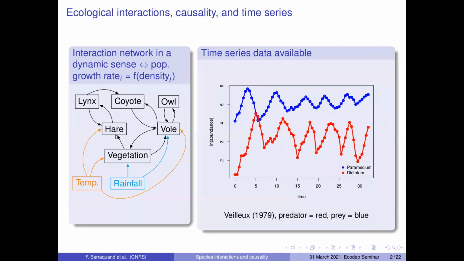Now, this type of relationship is something that we can try to infer from time series data. So let's say we have time series like the ones on the right, where you have a prey in blue, Paramecium, and a predator in red, Didinium. As you can see, the red time series is slightly shifted to the right.